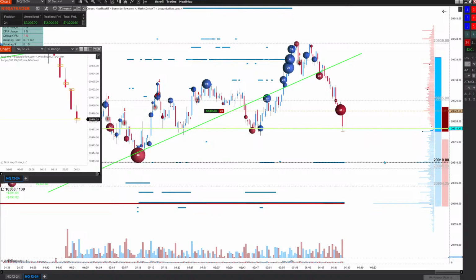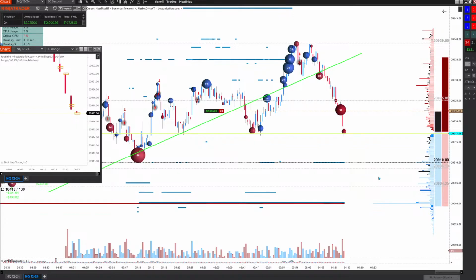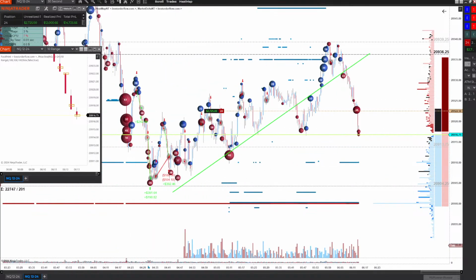I'm already close to 2,000 in positive because of my interpretation of this chart. The point is not the money that I'm making. The point is that I'm sharing with you my logic, which is not very sophisticated.